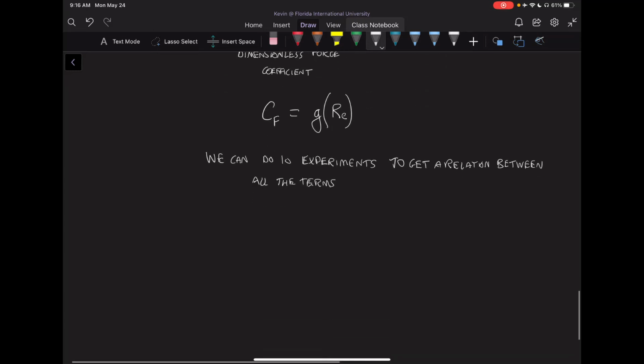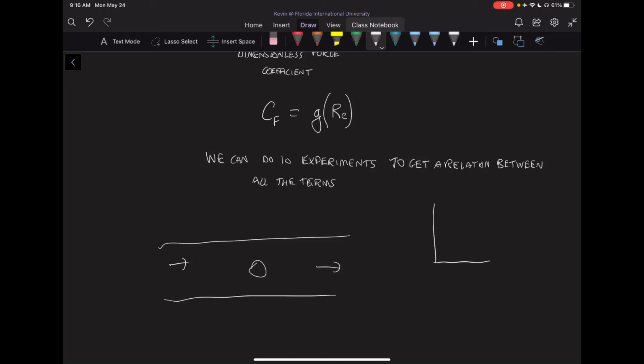So if we have our sphere in a path of flow, what is going to be the cheapest way to run 10 experiments with 10 different Reynolds numbers to find 10 different coefficients of force and then plot them on a graph? You would plot them on a CF versus Reynolds number graph, and you would get a relation.